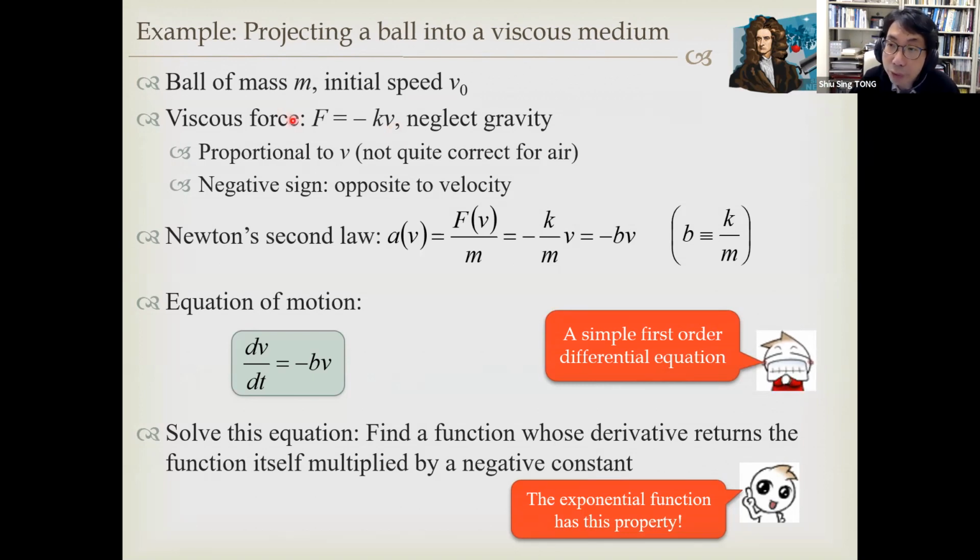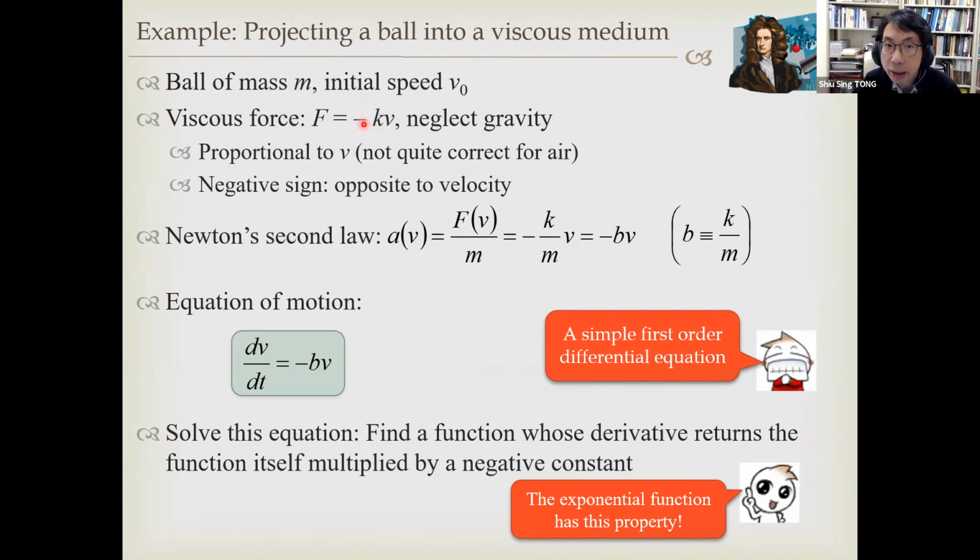For simplicity, we assume the force is directly proportional to the velocity. The proportional constant between the force and the velocity is the constant K. K is a given constant. It depends on the properties of the medium and maybe also the shape and area of the ball.